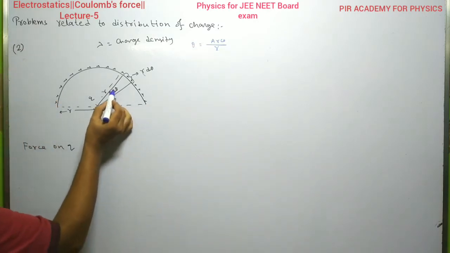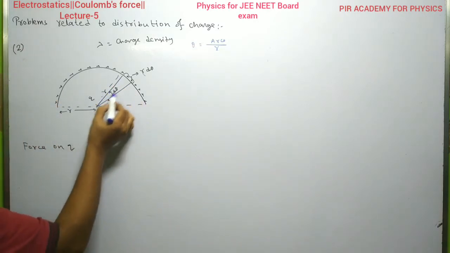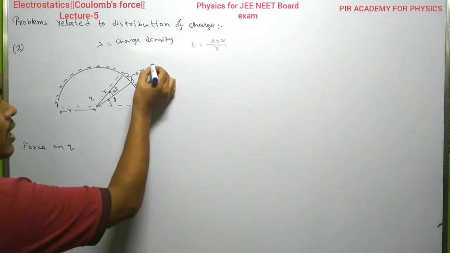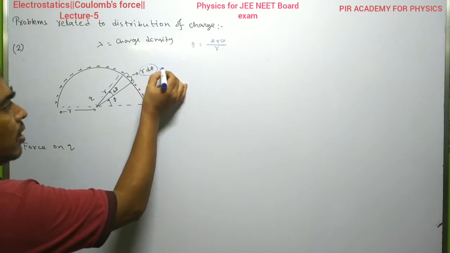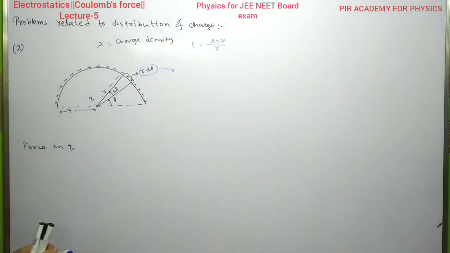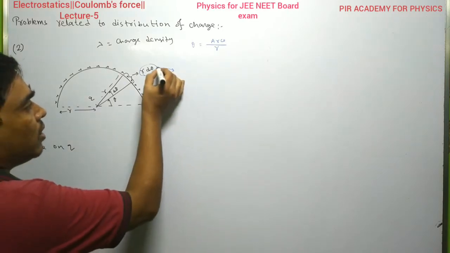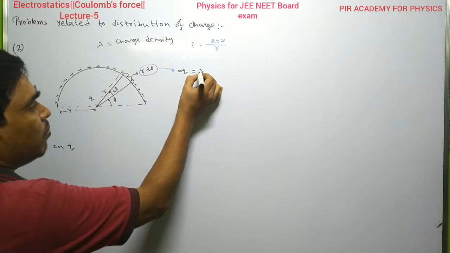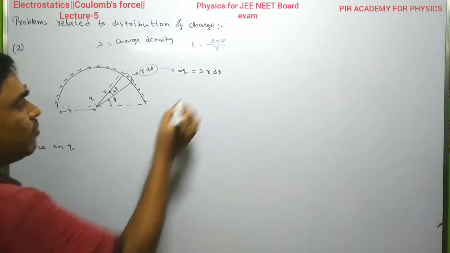So this is d theta, this is the radius, so this arc will be r d theta. So the charge on this element will be dq equals lambda r d theta.